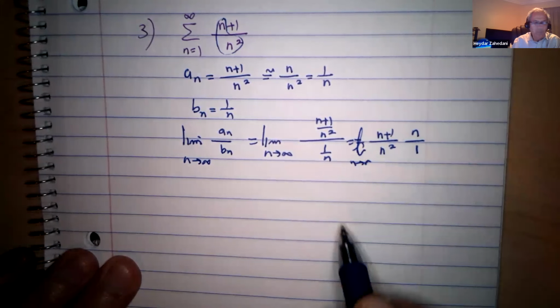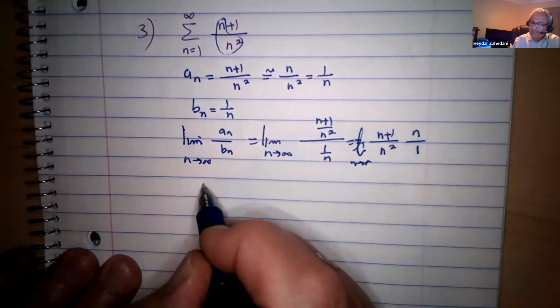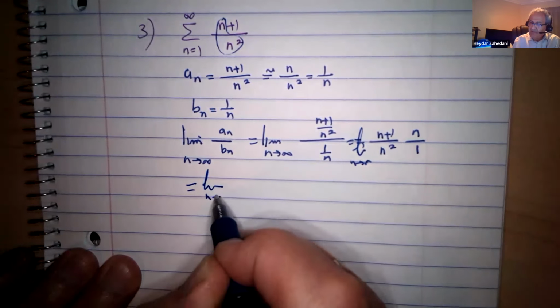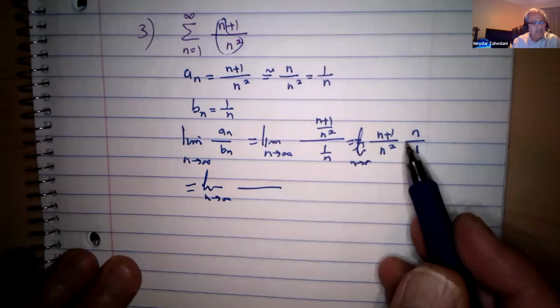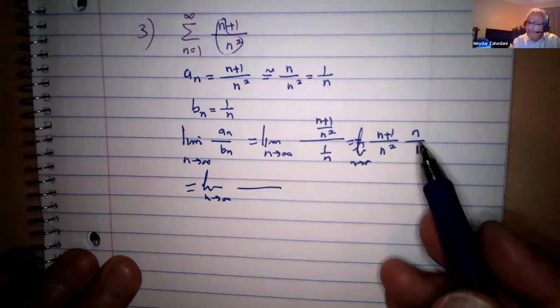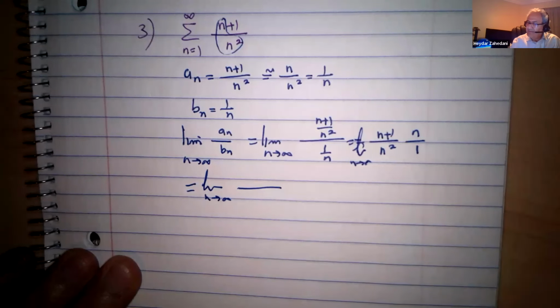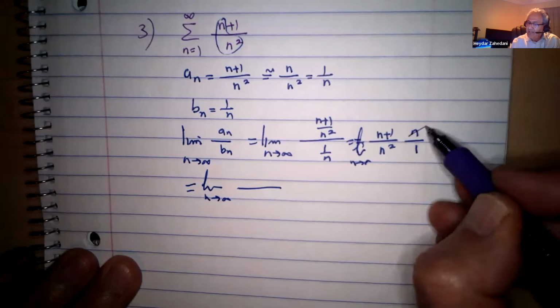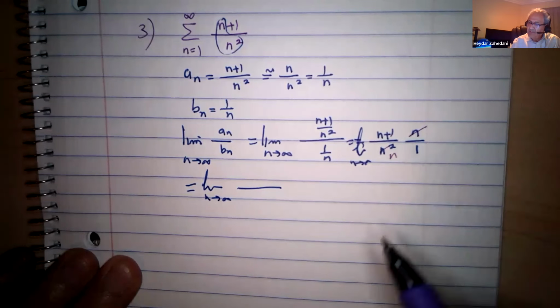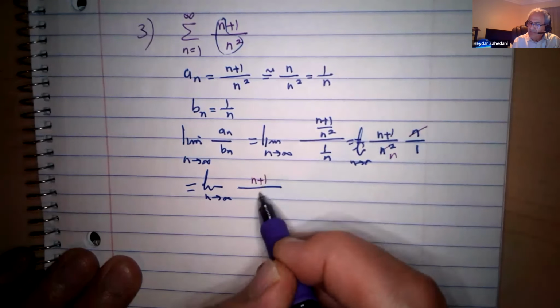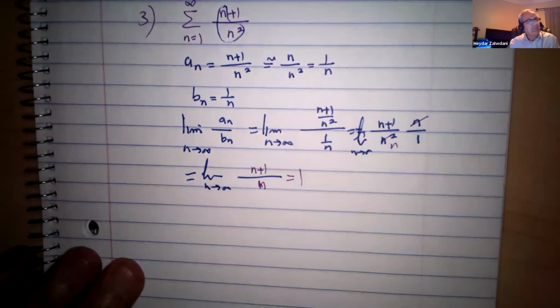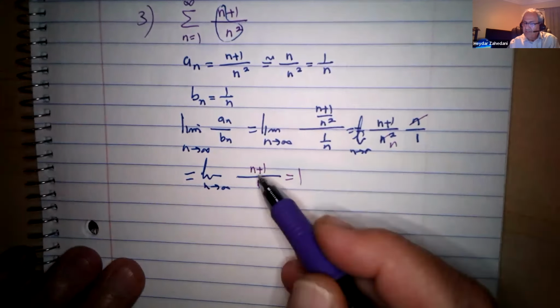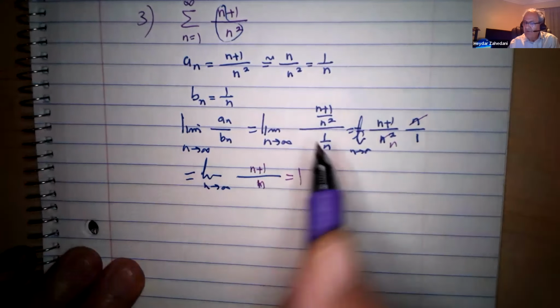N goes to infinity, so what's the top? If you multiply, okay, you can simplify it by n, that gives you n. So we get n plus 1 on the top, and when it goes to infinity, you know that this limit would be 1 because of the n and n. And 1 is bigger than 0.